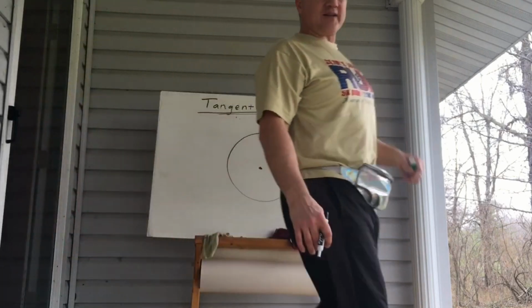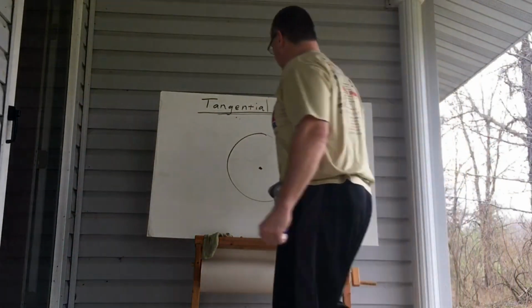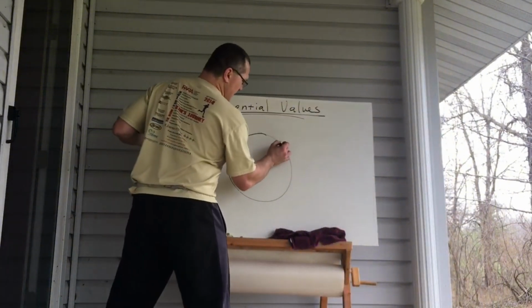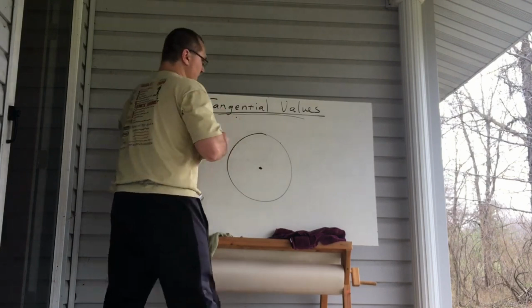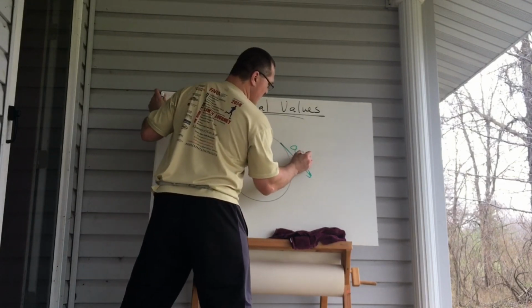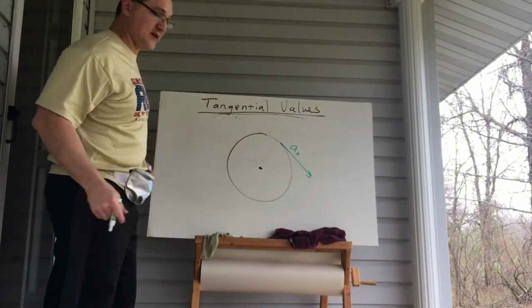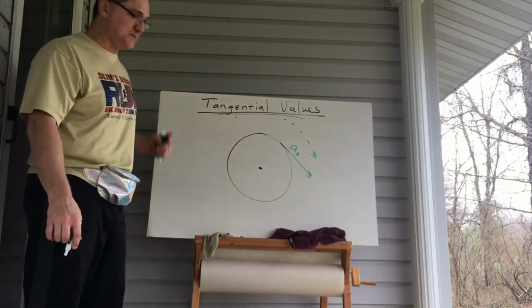Now we're going to talk about tangential and centripetal accelerations. Let's be colorful. Your tangential acceleration is going in that direction as it goes around in a circle. Obviously, we're rotating in that direction.